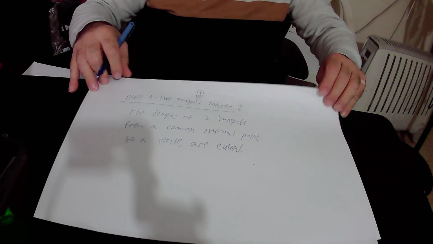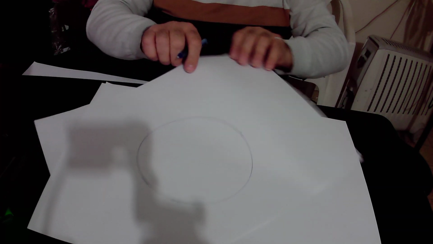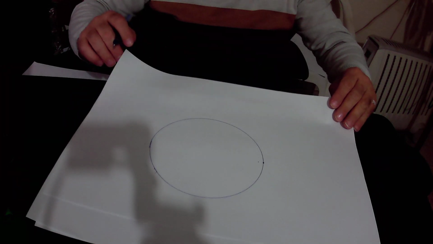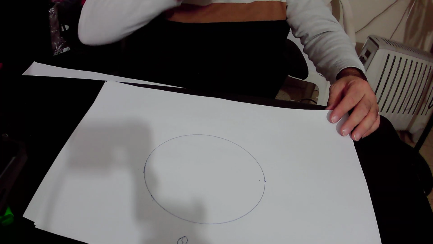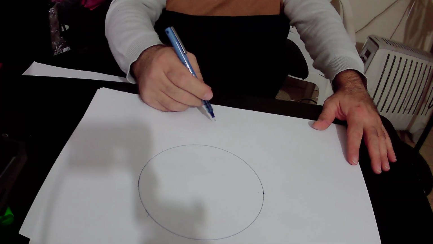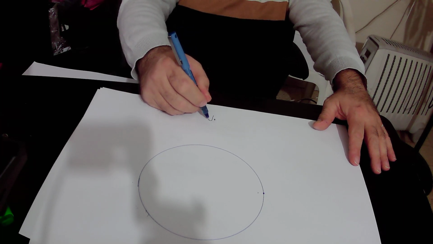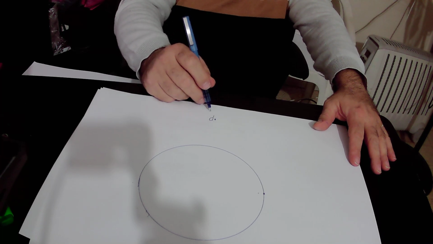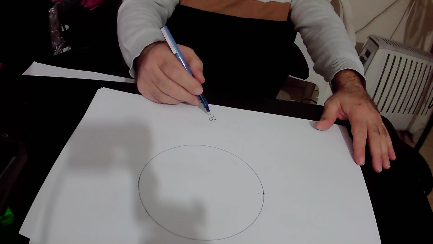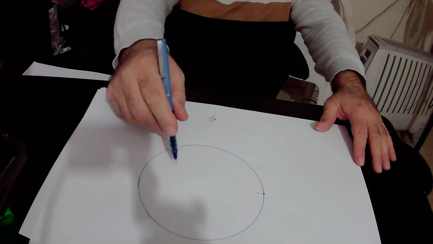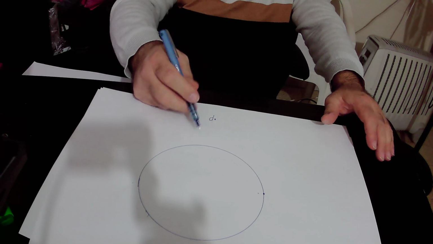If you have this circle and an external point P, point P is an external point in relation to this blue circle, because it is not located inside the circle nor on the circle itself, but outside it.